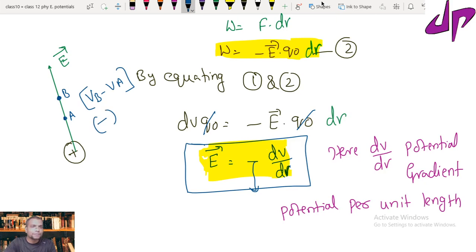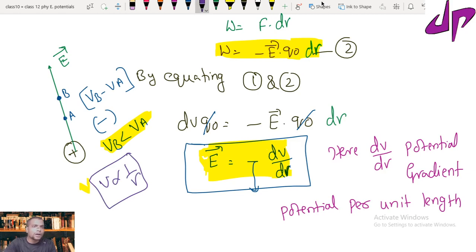Why? Because the VB value is smaller than VA. Why is it? Because B is farther than A, and potential is inversely proportional to R. Therefore the distance R from A is smaller than B, so the potential at B is lesser.